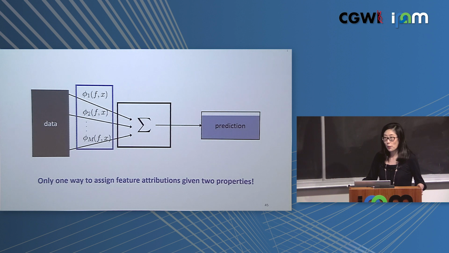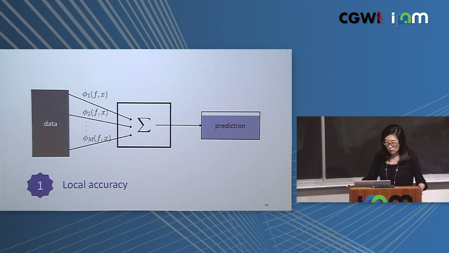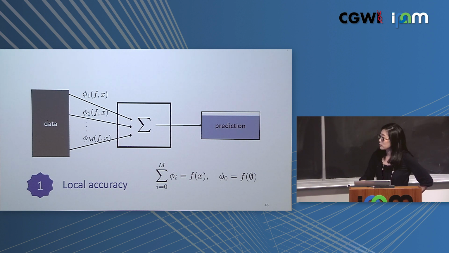And what are these properties then? The first is local accuracy, which states that the sum of the feature attributions equals the original model prediction. Most of these 7 methods have this property.